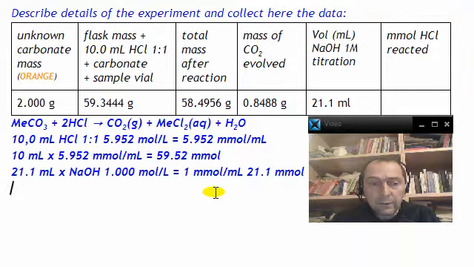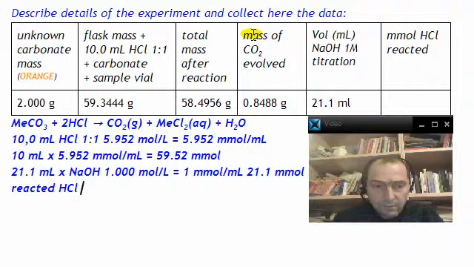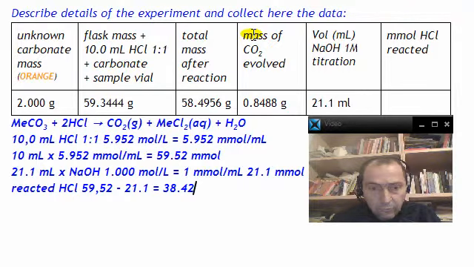So we can simply calculate the quantity of hydrochloric acid that reacted with the carbonate in the reaction as the difference, subtracting the remaining quantity from the initial quantity, 59.52 minus 21.1, that is equal to 38.42 millimoles.